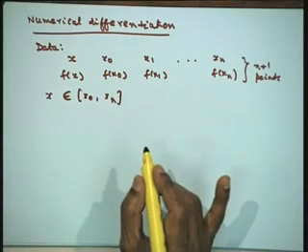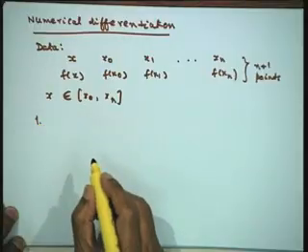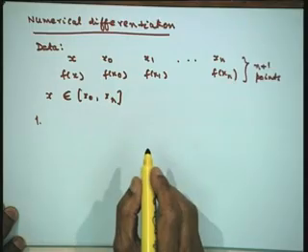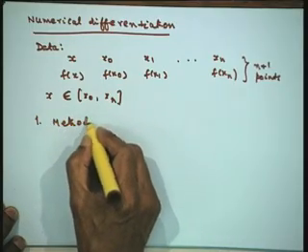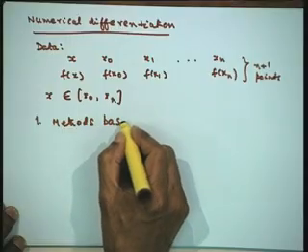There are three approaches for finding the numerical differentiation methods. The three approaches are as follows. The first approach uses the interpolating polynomials, that is, we shall call this methods based on interpolation.